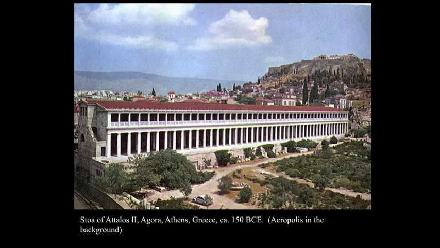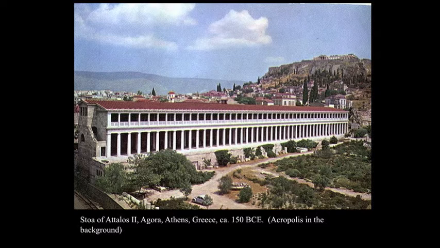You can look up and see the Acropolis behind this structure in Athens. So what we're looking at here is the Stoa of Attalos II. Now, this Stoa, as you can see, is in pretty good condition. What you're actually looking at is a reconstruction that was done in the last century. But prior to that, there had been a Stoa here.